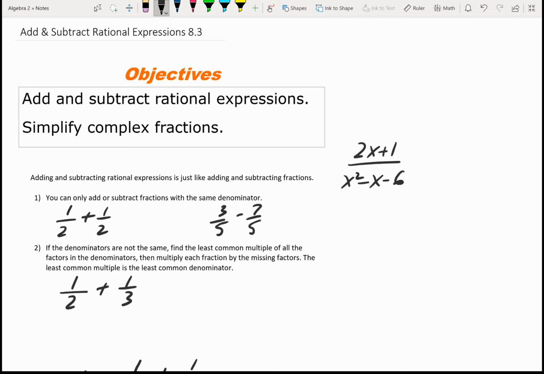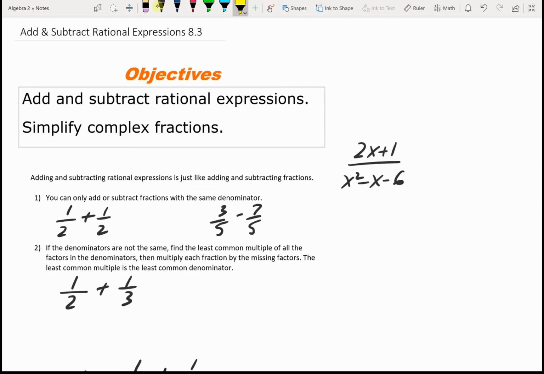Adding and subtracting rational expressions is no different than adding and subtracting fractions. To recall, you can only add or subtract fractions if they have the same denominator. So here I have 1/2, and then I'm going to add 1/2. So one day you eat 1/2 of a pizza, and the next day you eat the other half, so you've eaten the whole pizza.